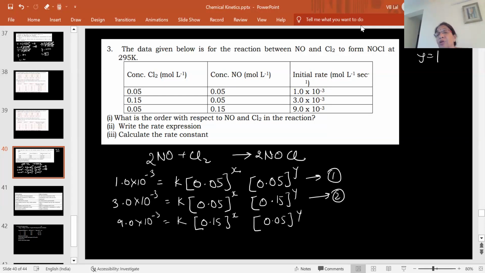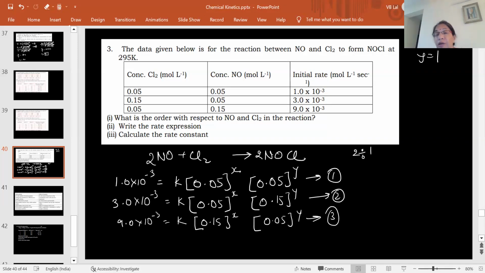Now let us do it mathematically and prove it. So this is equation number 3. Now to do it mathematically, let us see how to do it. So what I'll do is first I will divide 2 by 1. So when I divide 2 by 1, what will I get? 3 by 1.